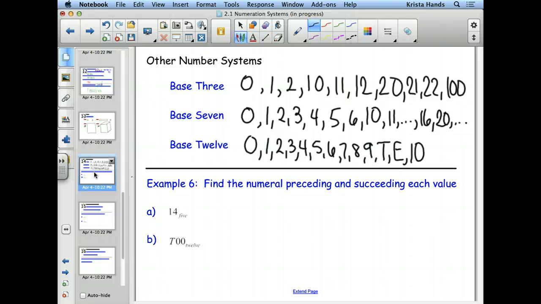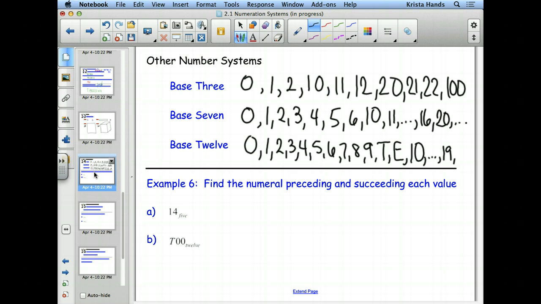Base 12. Base 12 is weird, right? Because in base 12, I have these extra letters at the end. So I actually get all the same digits I get normally in base 10. So I would go from 1, 0 all the way up to 1, 9. What would come after 1, 9? Not yet.